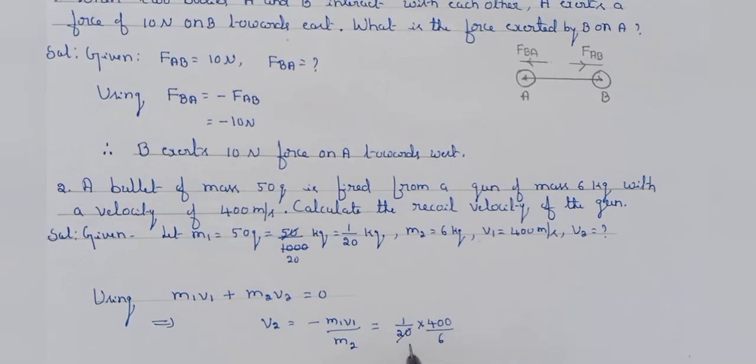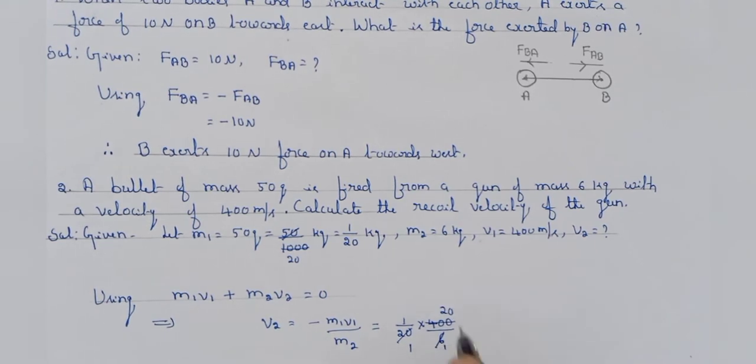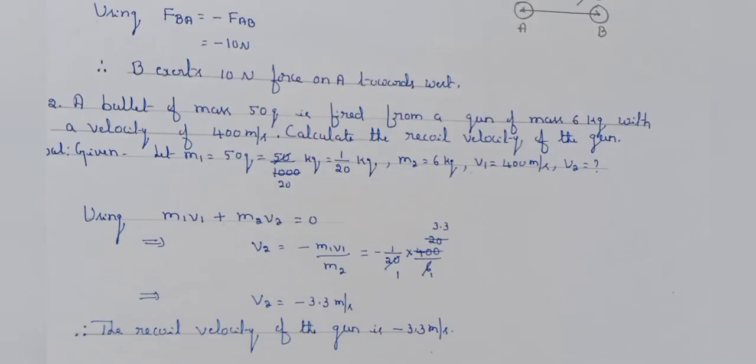Divide 400 by 20, that is 20. Next, divide 20 by 6. 6 ones are 6, 3 6s are 18, 3 again 6 3s are 18. So, v2 is equal to minus 3.3 meter per second. Therefore, the recoil velocity of the gun is minus 3.3 meter per second.